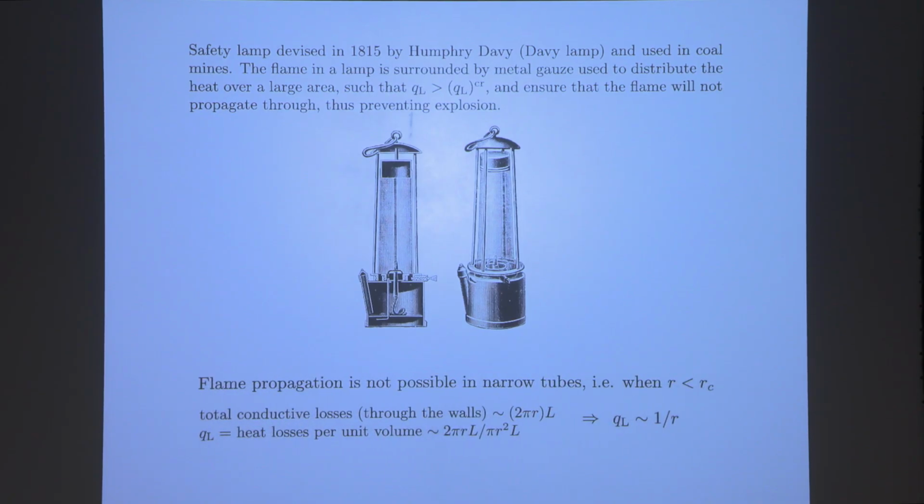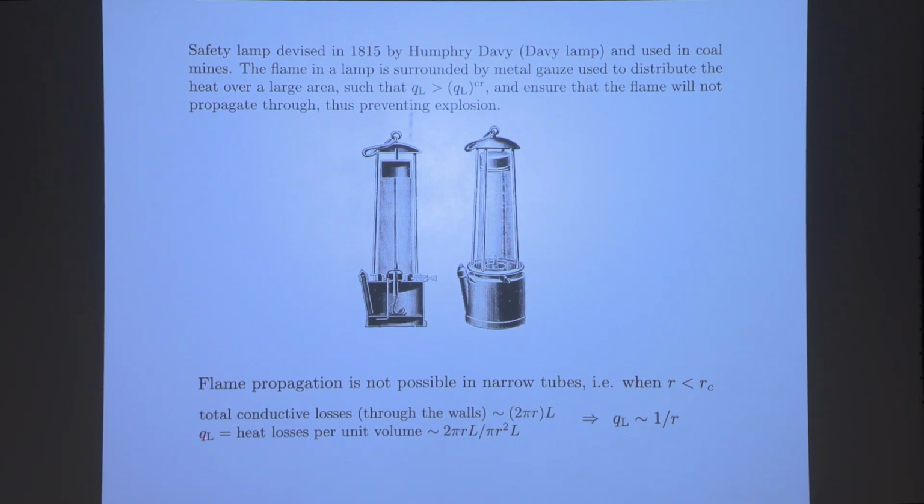The next example is if you have heat losses in a tube. Remember that the heat losses that we have been talking about are per unit volume. It's a volumetric heat loss. So the total heat loss from the wall is going to be the length times the circumference.